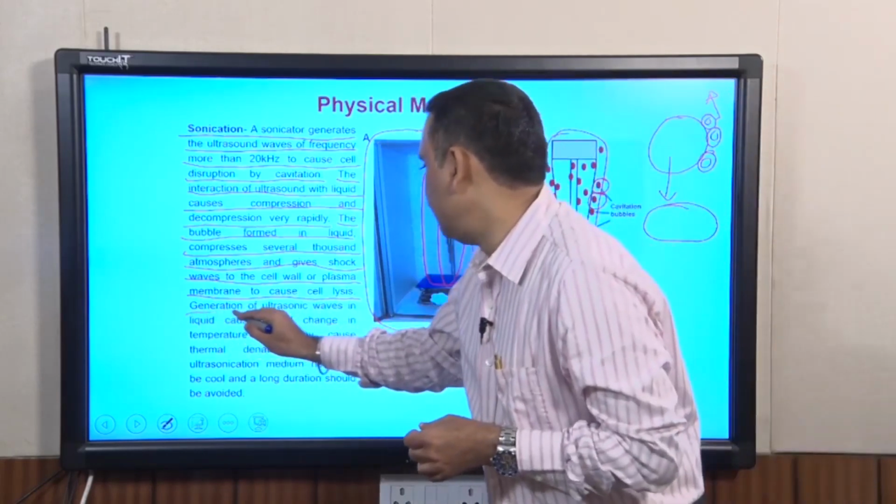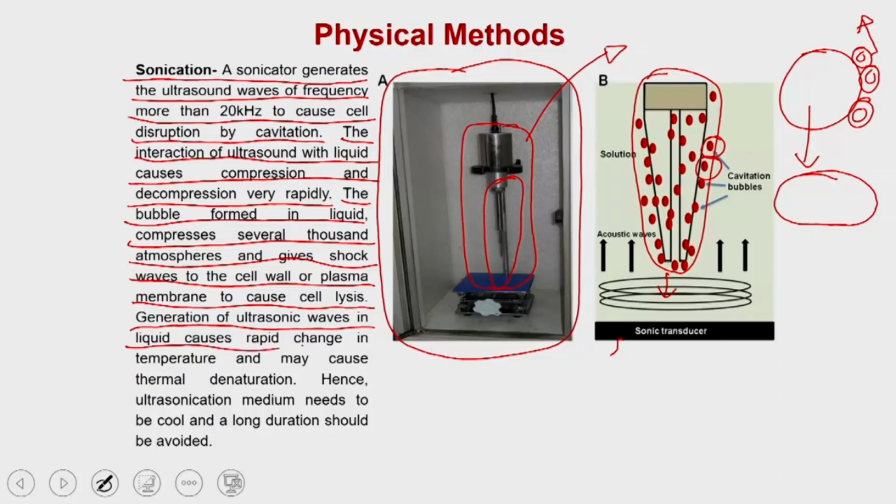So, the generation of the waves in the liquid causes rapid change in temperature and may cause thermal denaturation. Hence, the ultrasonication medium needs to be cool and a long duration should be avoided.